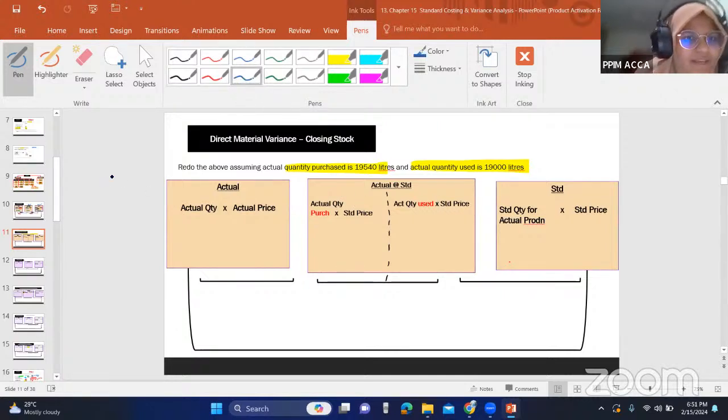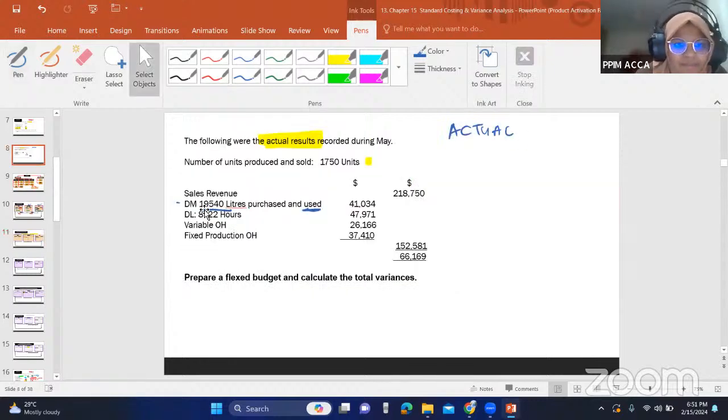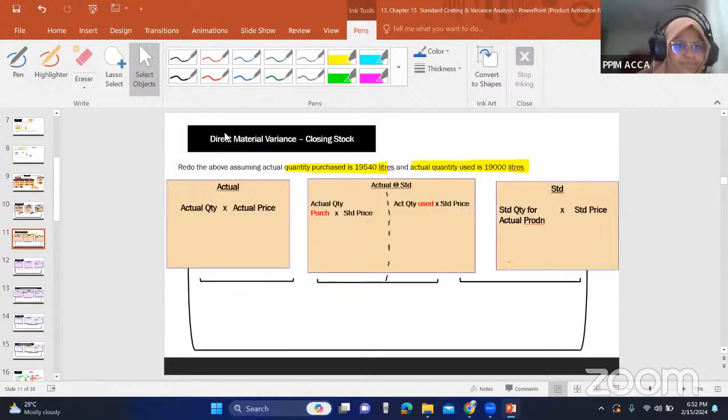Let's do it. Actual quantity was multiplied by the actual price: 19,540 as before, into the actual price we don't know, but we know that the answer was 41,034.